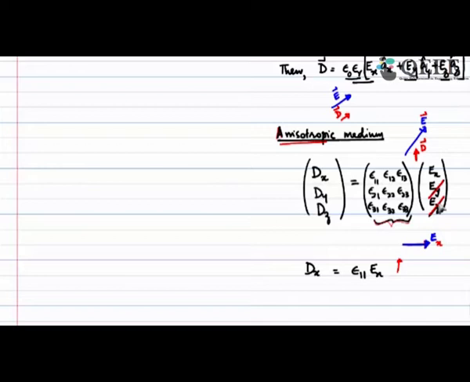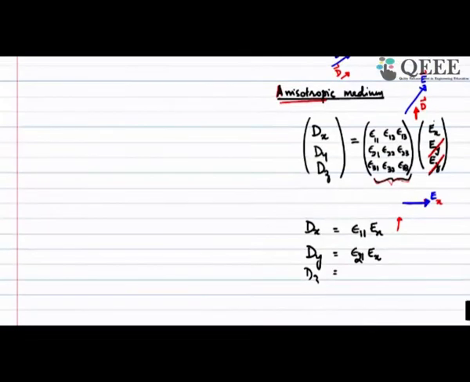That is fine. But it does not mean that Dy and Dz are 0, because Dy is epsilon 21 Ex and Dz is epsilon 31 Ex.